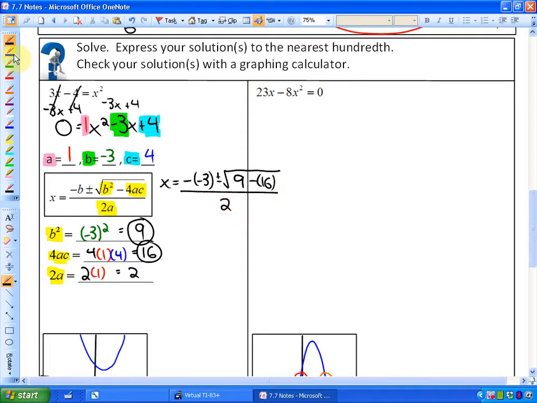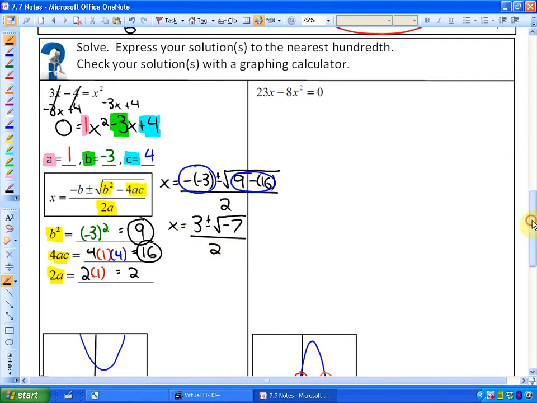So the next thing to simplify is 9 minus 16. So we have x is equal to 3 plus or minus the square root of -7, since 9 minus 16 is -7, all over 2.